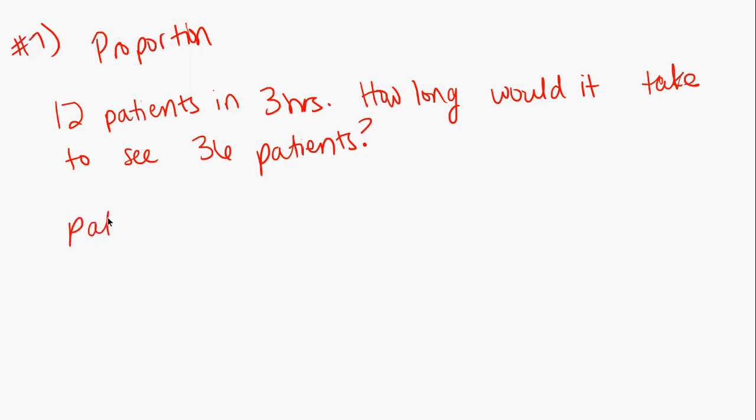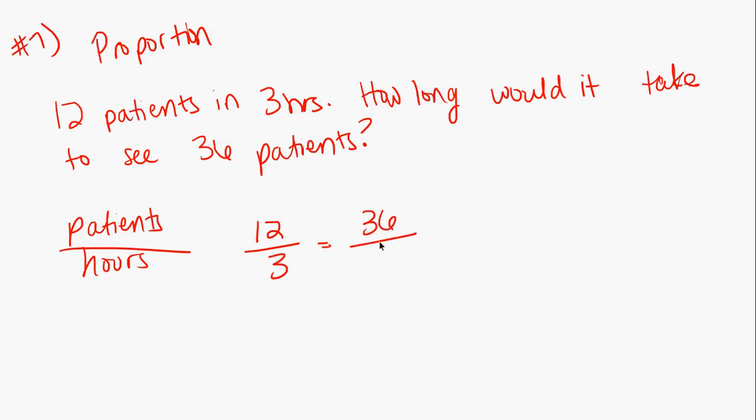So what we're comparing here is patients to hours. So we've got 12 over 3 is going to be the same thing as 36 over, we don't know how long, right?